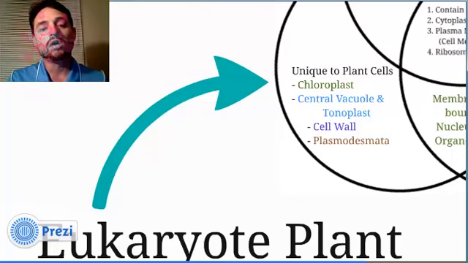The cell wall, which is made up primarily of cellulose, different than the prokaryotic cell wall, but it does give that structure and support. And then the plasmodesmata, which we'll talk more about when we discuss plants, and these are channels that allow the cells to communicate with each other and pass information much quicker. It's kind of like openings that connect two plant cells together.